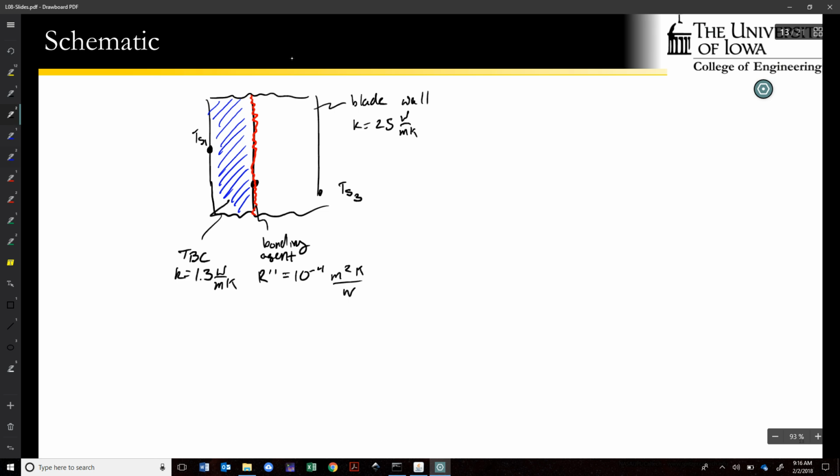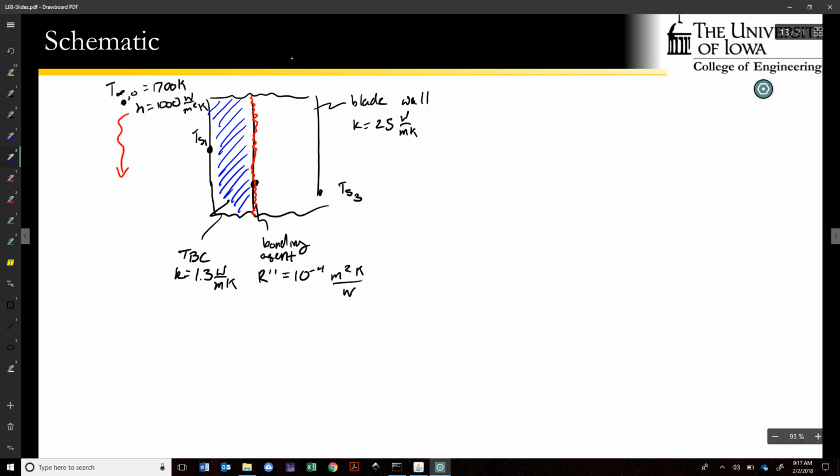Out here we've got our hot air. We'll call this T infinity O, for outside, which is equal to 1700 Kelvin, and has a convective coefficient of 1000 watts per meter squared Kelvin.